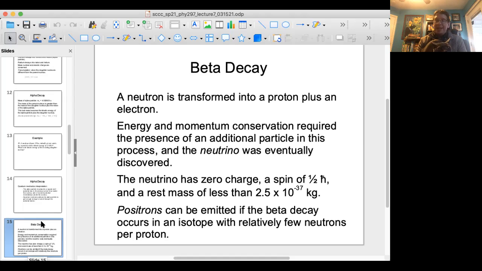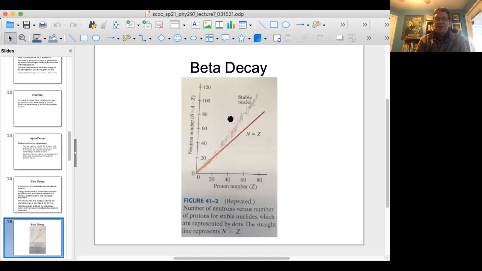Positrons can be emitted, meaning an anti-electron, so you have a positive charge, if the beta decay occurs in an isotope with relatively few neutrons per proton. And how do you determine that? Well, this is the line that goes above the N equals Z line. That's where the stable nuclei are. For an atomic number of 0 to 20, stable nuclei typically have as many protons as neutrons.